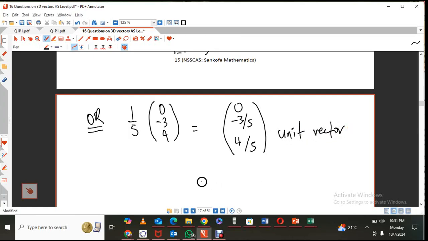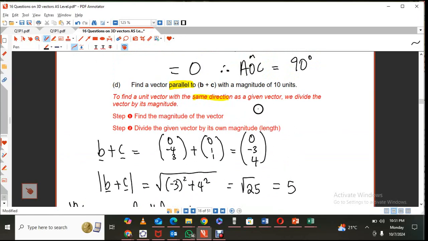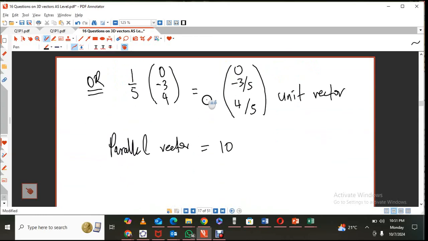So if they are saying we have to find a parallel vector whose magnitude is 10, I'm going to multiply 10 with my unit vector. And if I do that, I'm going to arrive at the same answer as before.